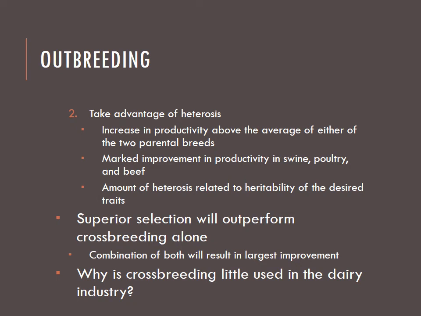Now I asked the question at the bottom. We know already that outbreeding and crossbreeding is used very extensively in beef cattle, very extensively in swine, and actually very extensively in turkeys. So why has it not infiltrated all the way into the dairy industry? You find some producers in pockets, and we have some here in Clinton County that are doing it successfully, but why isn't it as sweeping a change in the dairy industry as it has been in the others we referenced?